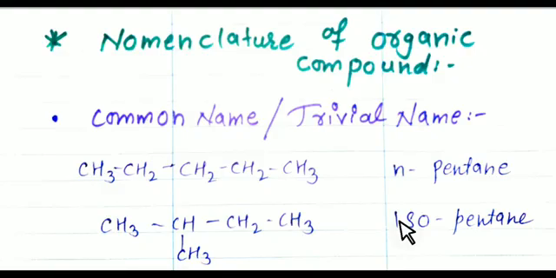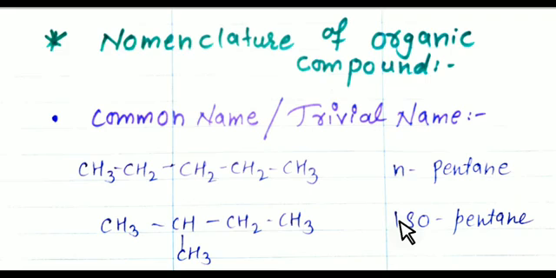If one carbon atom is attached with 3 other carbon atoms, you have to start the name of the compound with tertiary. And if one carbon atom is attached with 4 carbon atoms, you have to start the name of the compound with neo. Means n, iso, tertiary and neo.